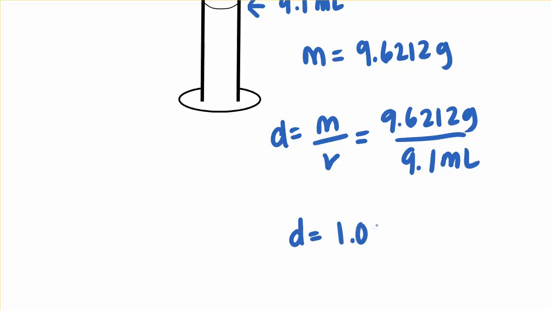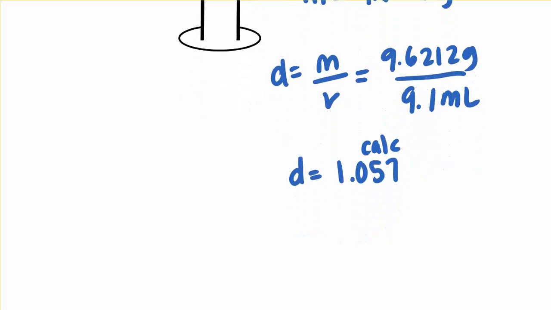So my calculator says something like this. How many significant figures do I want though? There are a whole bunch here, 5, but here there's only 2. So our volumes will usually have fewer significant figures. To round this to 2 sig figs, I'm going to do 1.1 because that rounds up. This digit is 5 or greater.